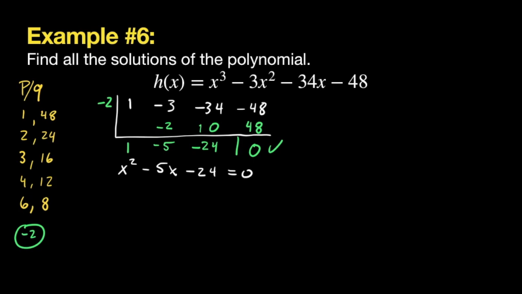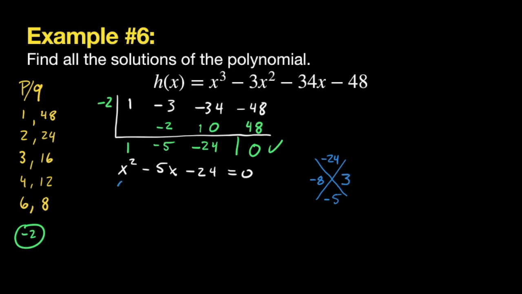So we're going to look for two numbers that when you multiply them give us negative 24, but when you add them give us negative 5. And that's going to be negative 8 and positive 3.